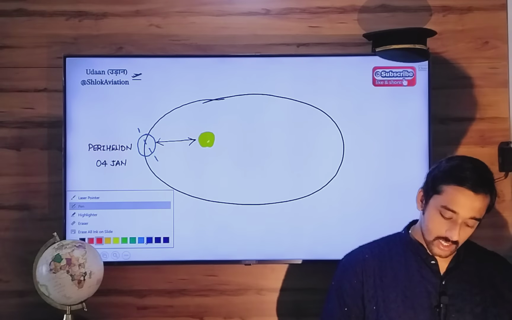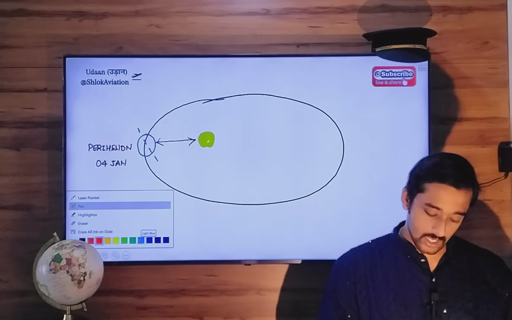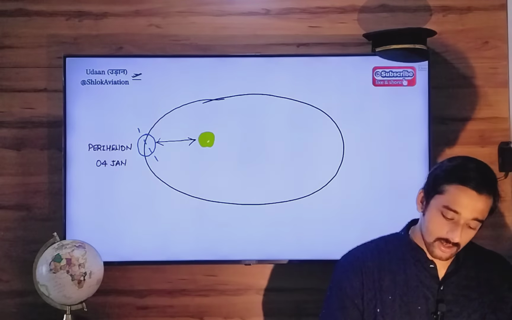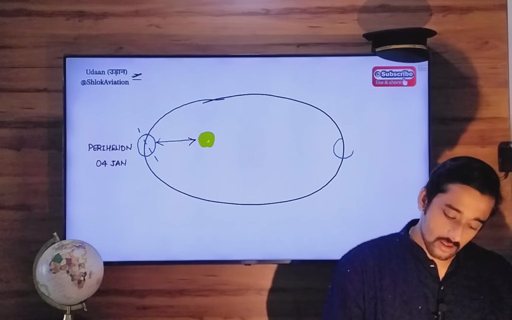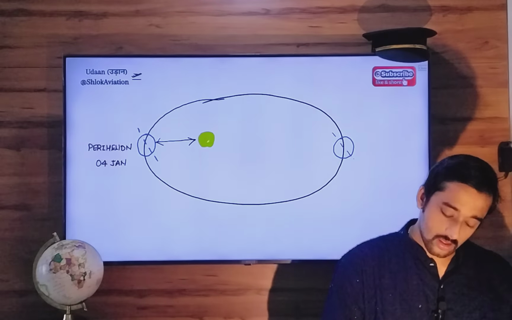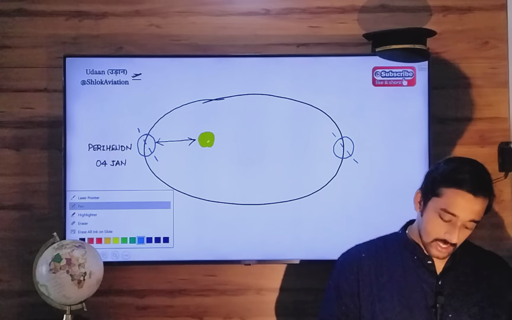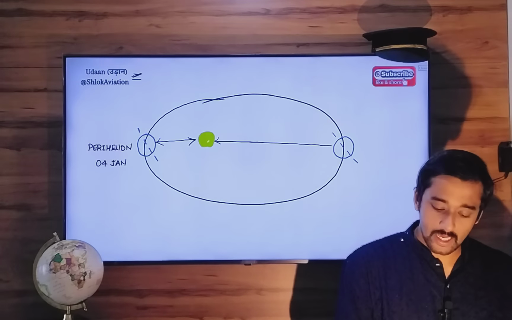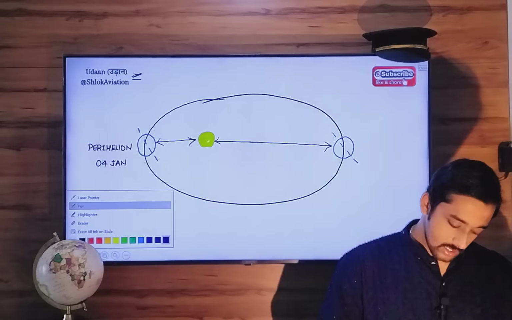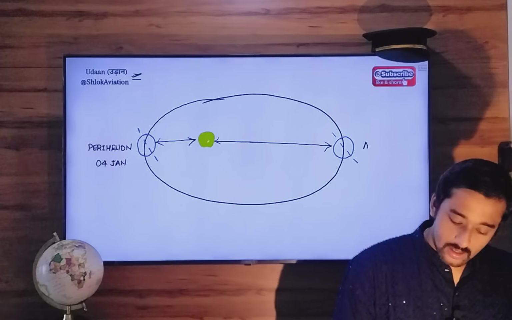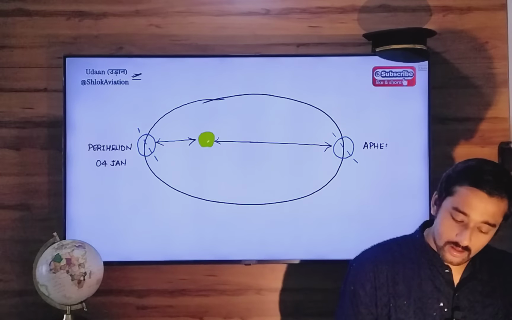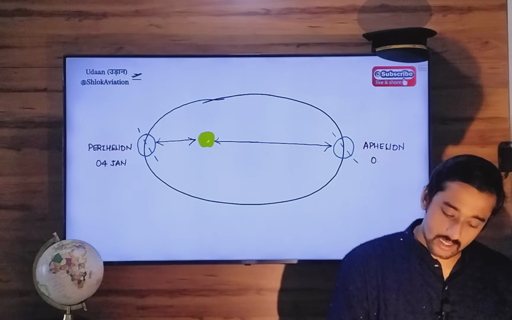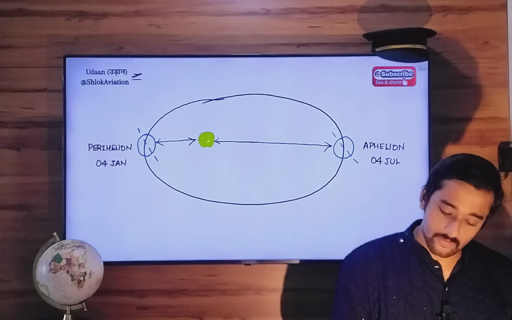Next, when this Earth revolves around the Sun and ends up at a position which is farthest away from the Sun, somewhere here, let's say, that position is called aphelion. It happens in the month of July, the date is 4th of July.